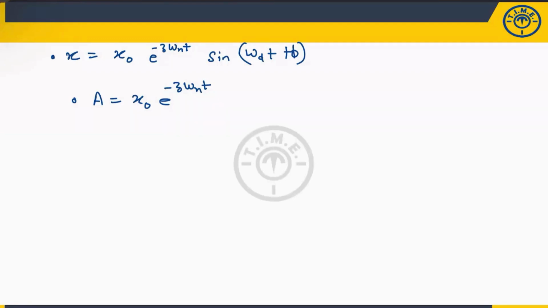So I'm just doing the analysis before coming to the final result. At time t equal to 0, the amplitude is nothing but x naught. At time t equal to one time period of damped vibration, how much amplitude will you get?